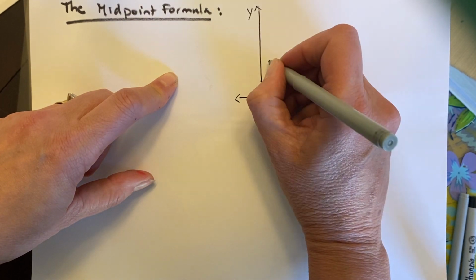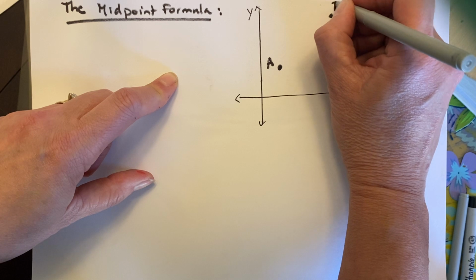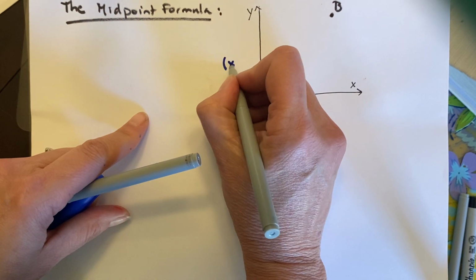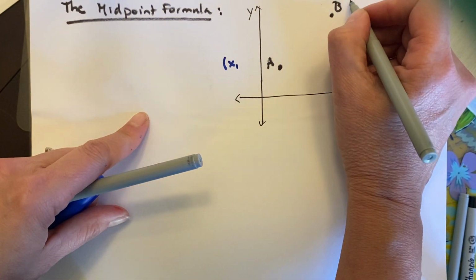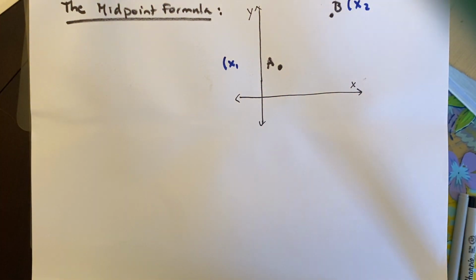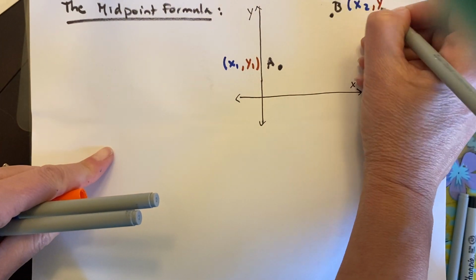So here I have A, and here I have B. And as I did before, I'm defining its coordinates. I'm saying A, here's x1, and B has x2, and the y coordinate is y1 and y2.